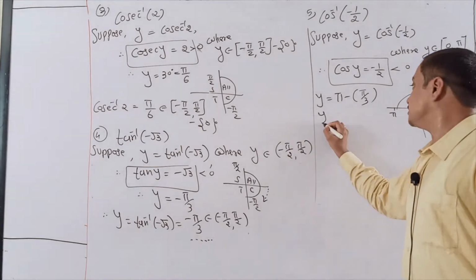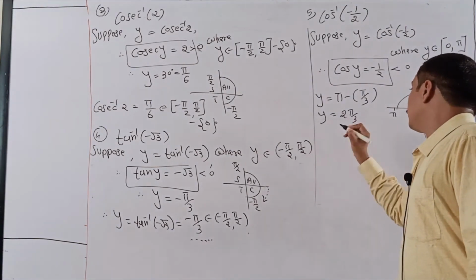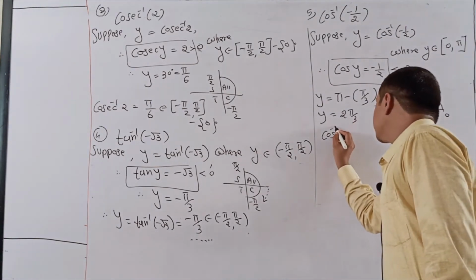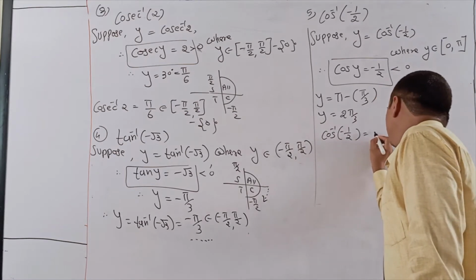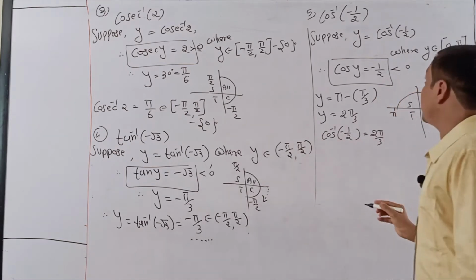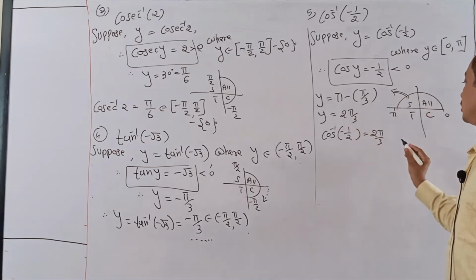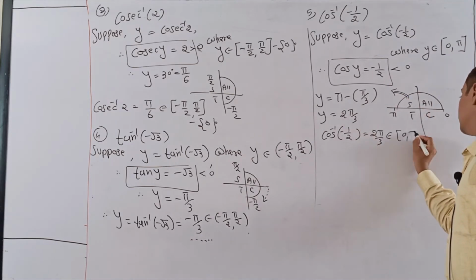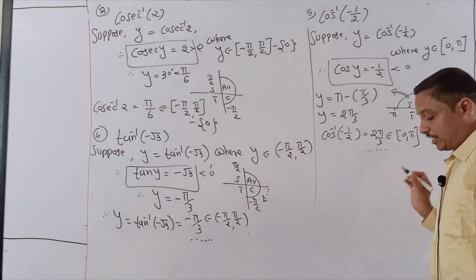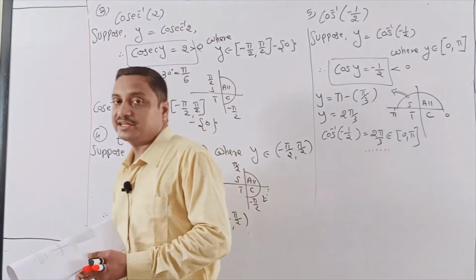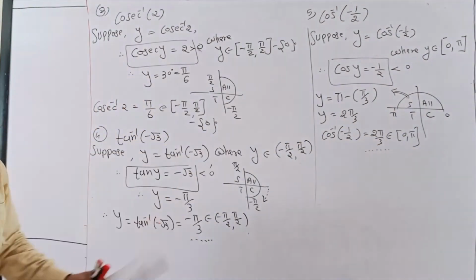So my answer is 2 pi by 3. Finally done: cos inverse of minus half is equal to 2 pi by 3, which belongs to the interval 0 to pi, necessarily, and tick mark your final answer here. It's a very easy process.